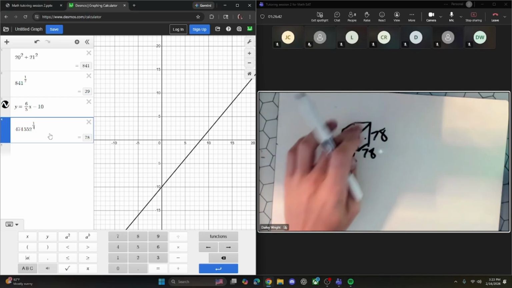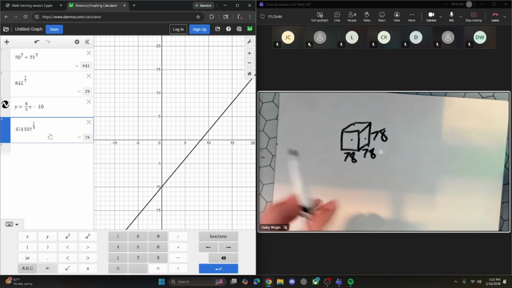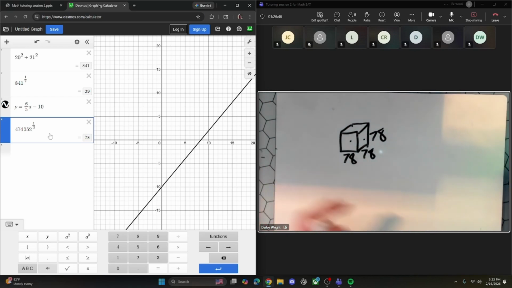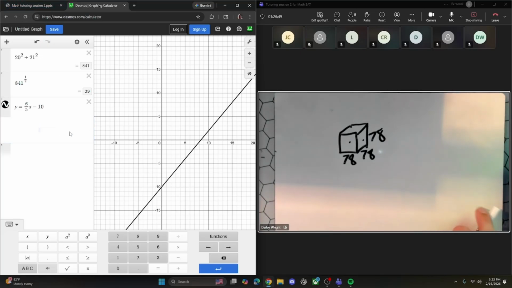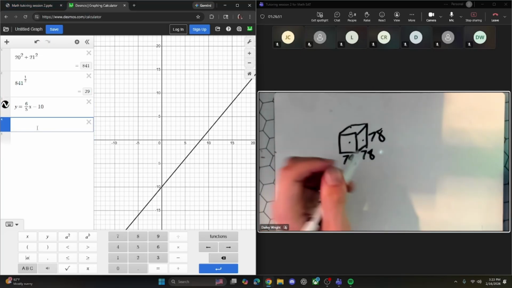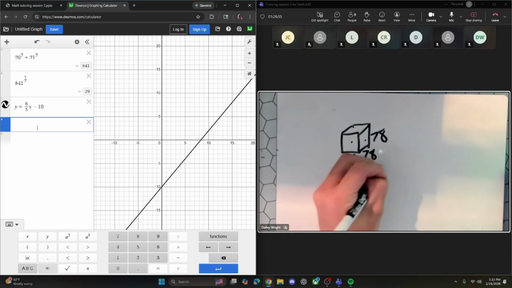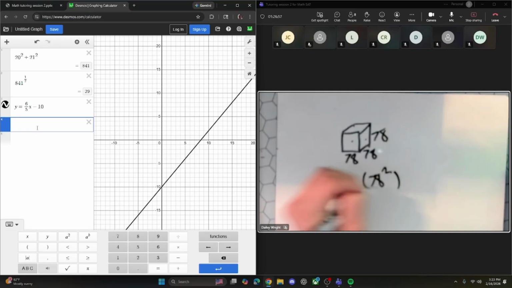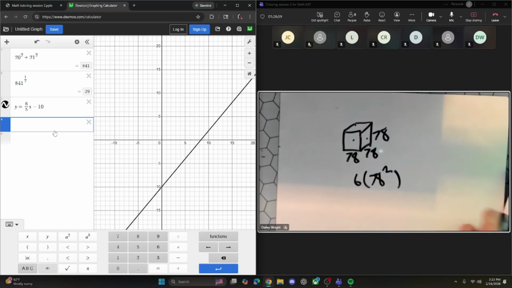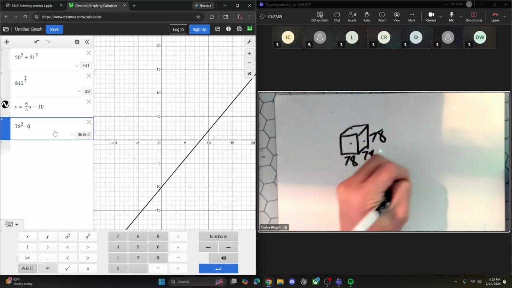Multiplying it by 6, you would add each side over. So let's find the area of one side, and then we can just multiply that by 6. The area of one side is going to be 78 times 78. So it will be 78 squared times 6. That is going to give us the surface area, which is 36,504.